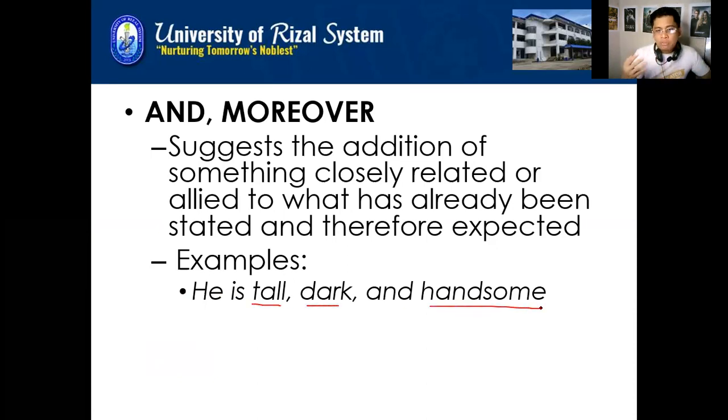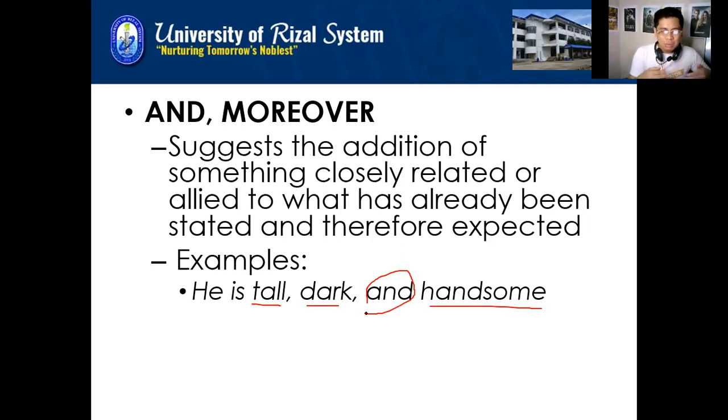They all function as adjectives. Hence, they function with similar value in the sentence. Tall, dark, and handsome are joined by the coordinator "and". So aside from being tall, the subject is also dark and handsome.